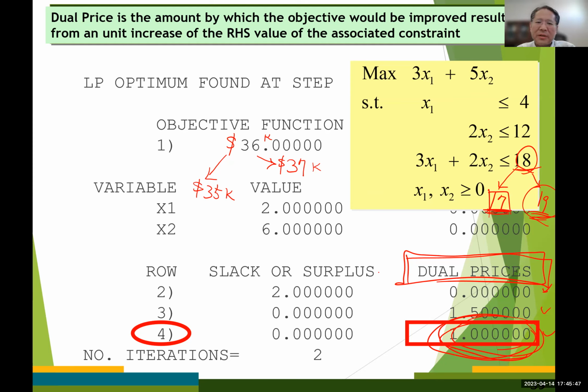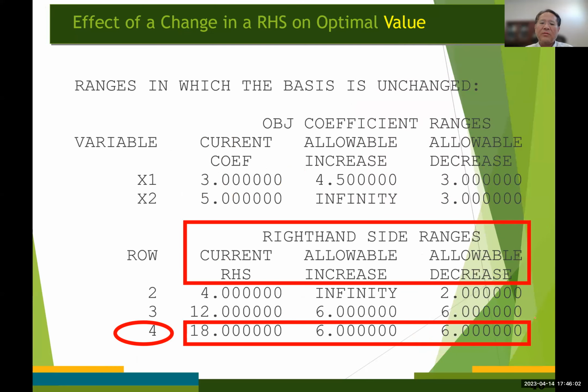So for example, considering the value of 1 as a dual price for the last constraint, this value remains valid only if the right-hand side value of the last constraint changes within these ranges, okay?